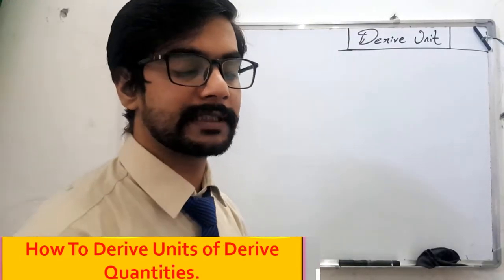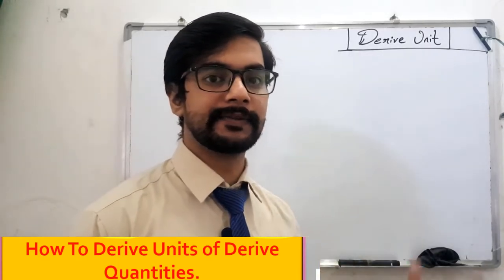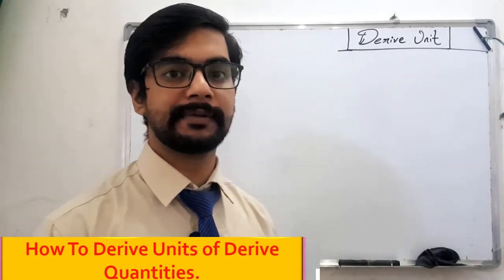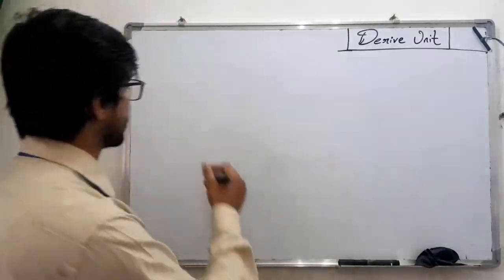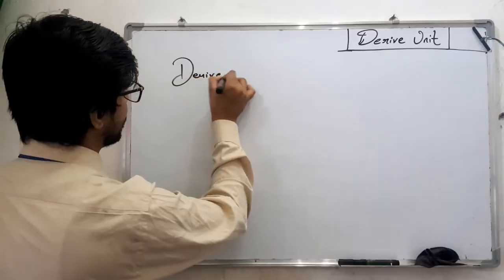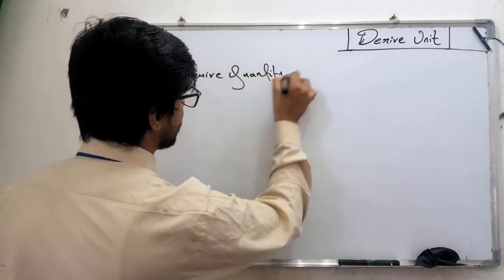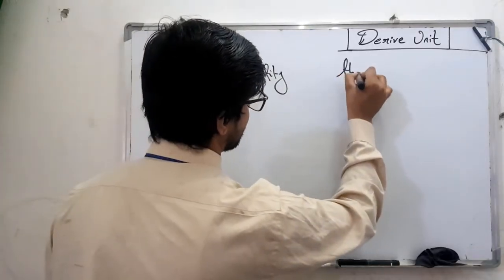Before that, we must see some examples of derived quantities along with their units so that we can derive them one after another. See, derived quantity and their units.